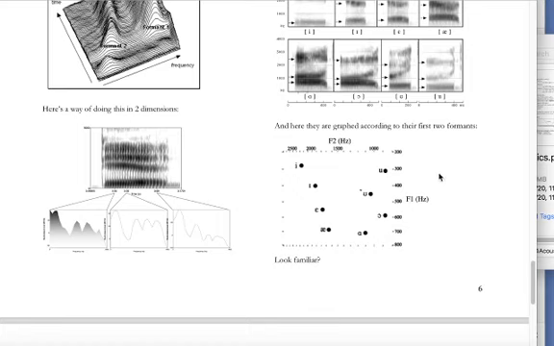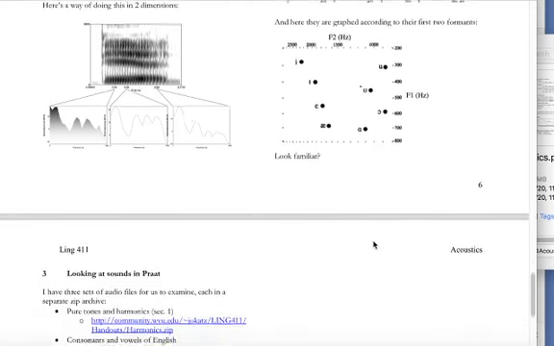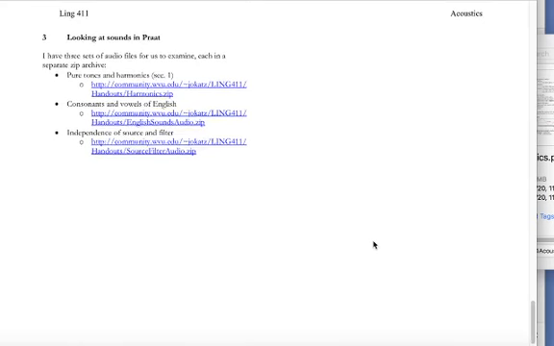And that's good because it means we can start to have an idea of how people hear things like back vowel or front vowel or high vowel or low vowel. Okay. The next few videos, I'm going to take apart some sounds in Praat and show you how to look at sounds in the software and also demonstrate some of the things I've just been through.